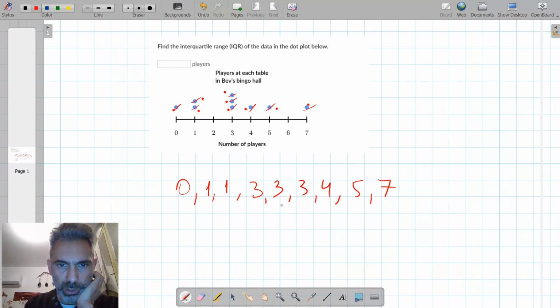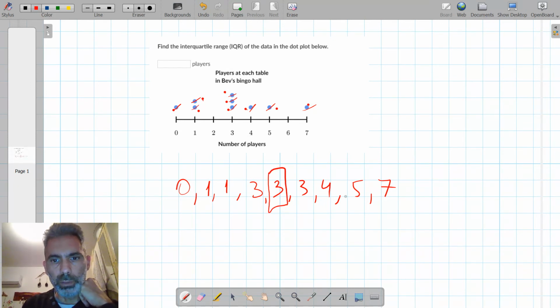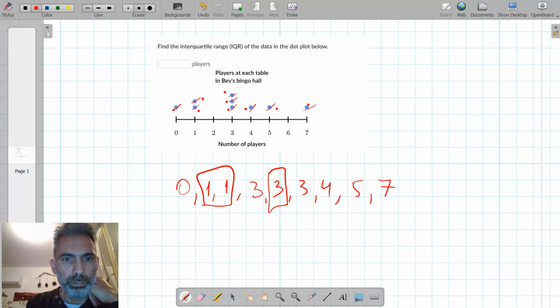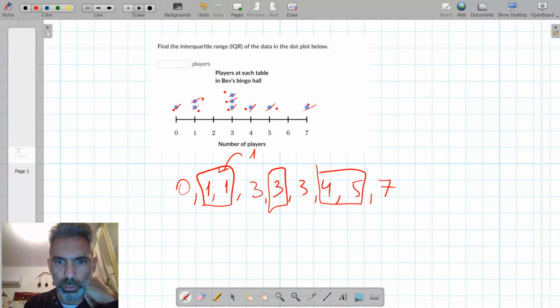Okay, so the median here is this data point because it has 4 data points to the left and 4 data points to the right. So the median of the lower half is the mean of the 2 data points, which is 1, and the mean here is the mean between these 2 data points because this is the upper half. So the mean here is 4.5.